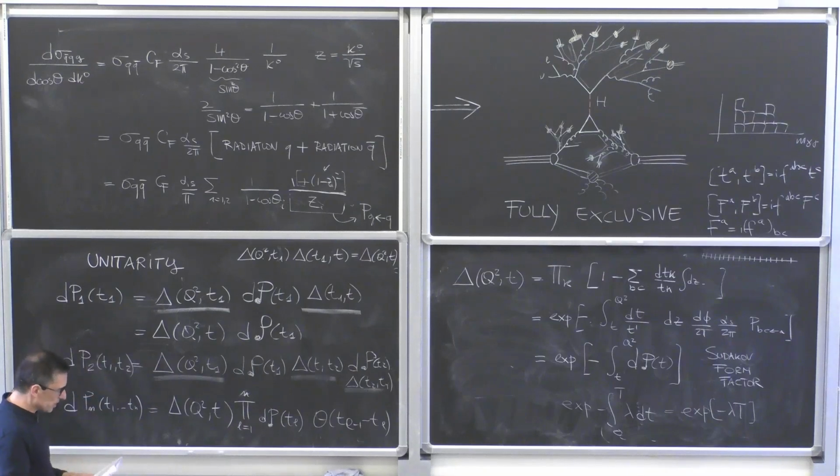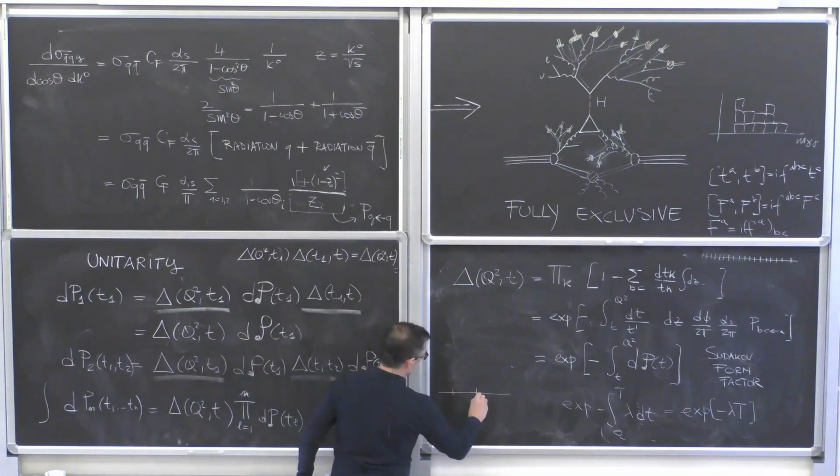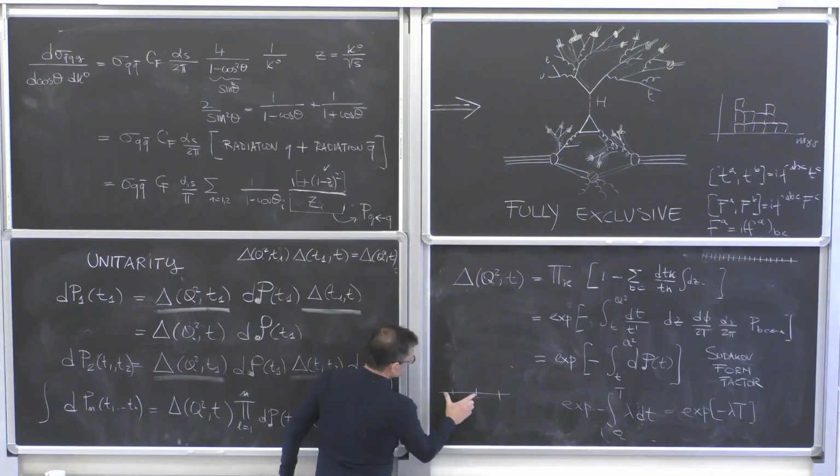So this you integrate, this one for example, over the T1. So each one, right? So you have to integrate this up to here, but this moves and so on.